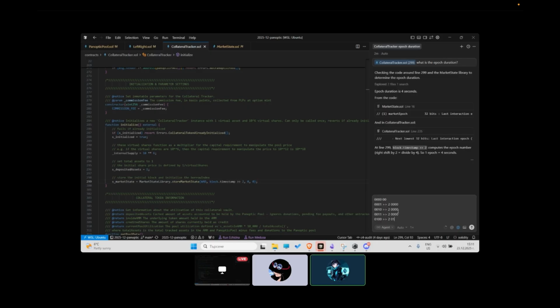That's why it's 4 seconds each epoch. If we shift 0100, it becomes that, so it's epoch 1, because we had to add 4 seconds. That's how it works basically.